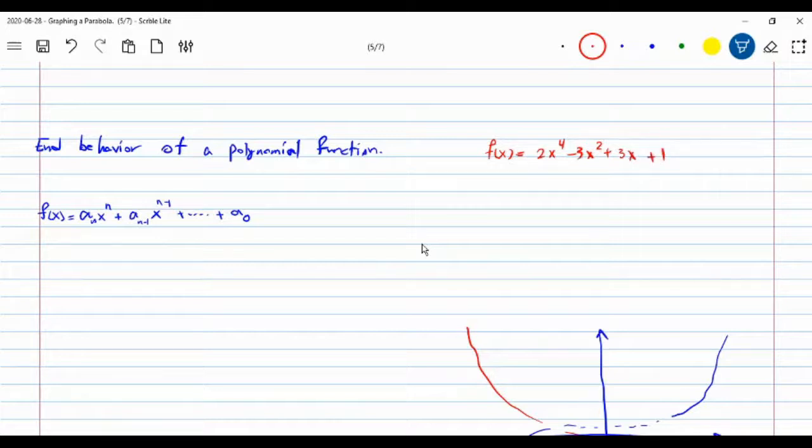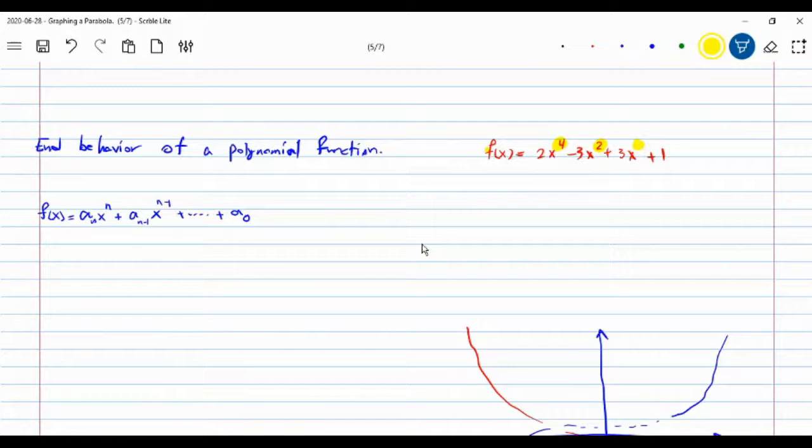We call this a polynomial in descending order because the exponent declines from 4 to 1, and then there is no exponent. That means the exponent is 0 for the variable x.